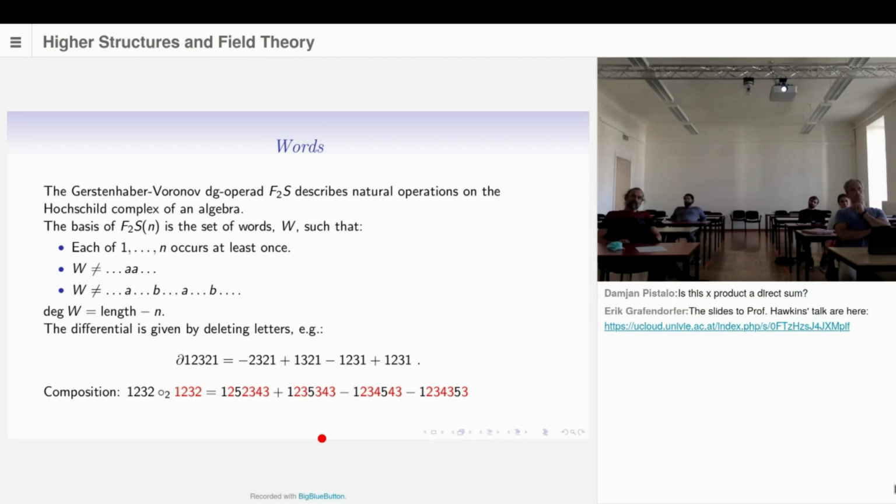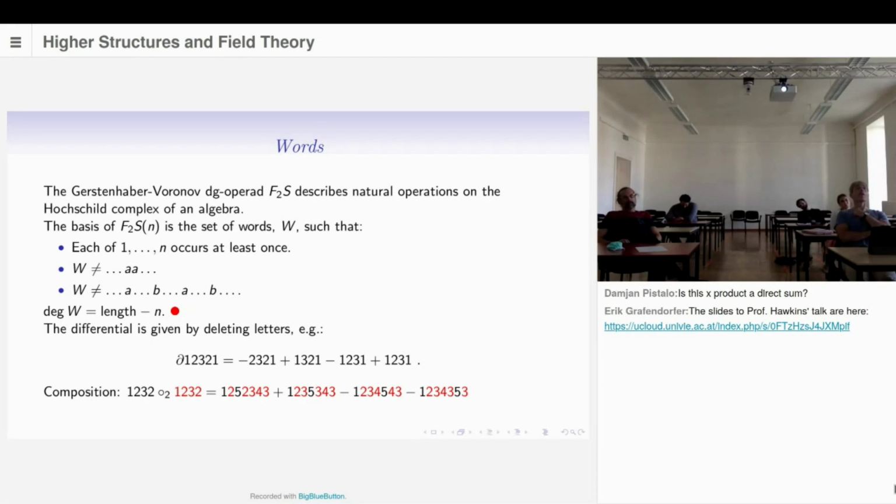One is that any of those numbers occurs at least once, so the length is at least n, and we never have a letter repeated twice in a row, and you also never have any interlacing. You never have the word being something something A, something something B, something something A, something something B again. Those are the only conditions.